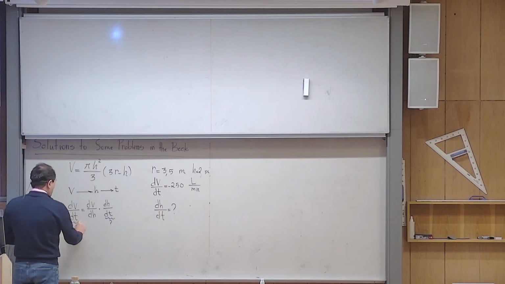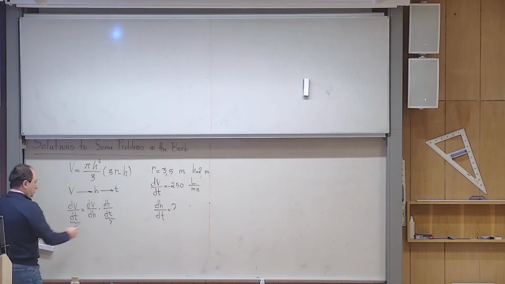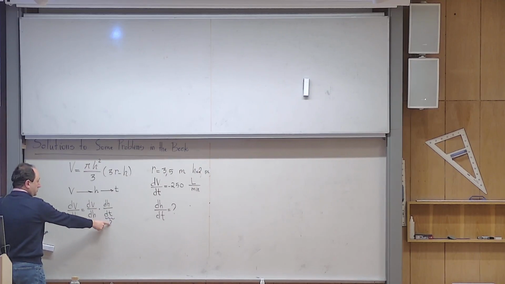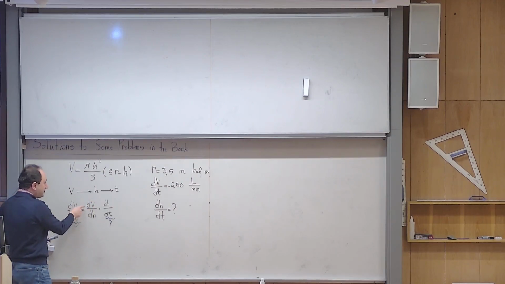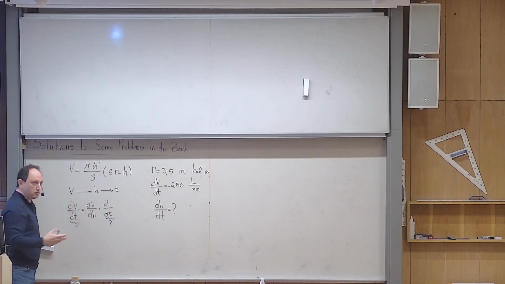This part is already given. In order to be able to answer the question mark, I need to calculate this part myself. Yes? When you want to calculate this part, it means that you want to differentiate V when H is your variable.